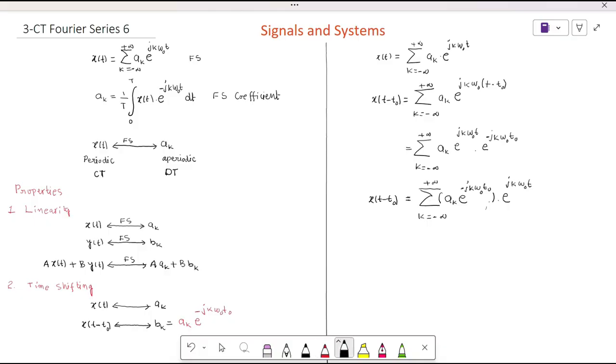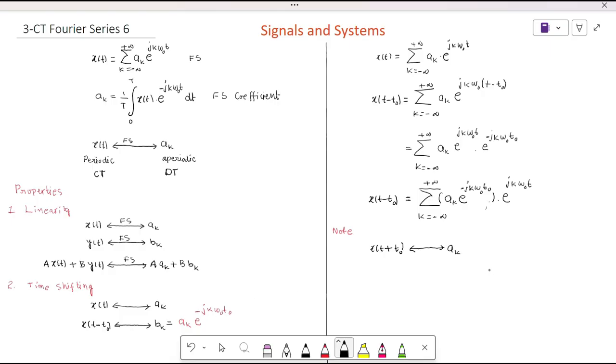Similarly, for a time advance, directly we can write x of t plus t naught, and its Fourier series coefficient in terms of ak is ak into e power jk omega naught t naught.